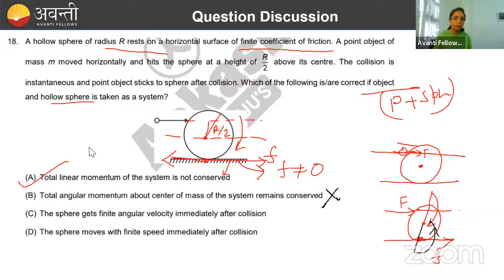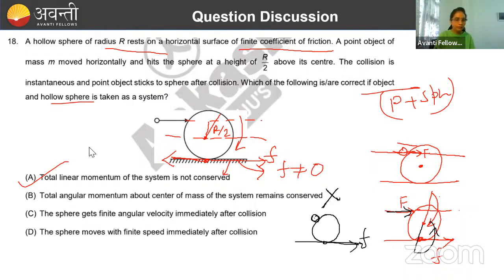Now, the sphere gets finite angular velocity immediately after collision. Immediately after collision, what will happen? During the collision, this force F acted, and because of that the friction force came into action. If you write the equation for this sphere, just consider this point object and this sphere as a system. Then friction is acting in which direction?